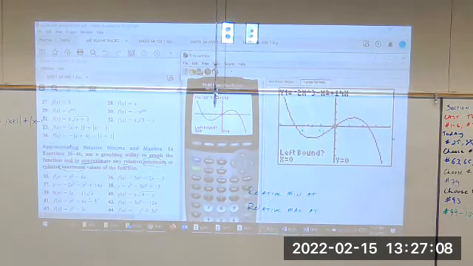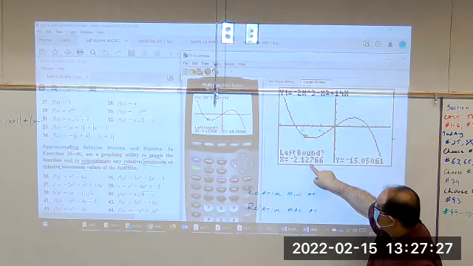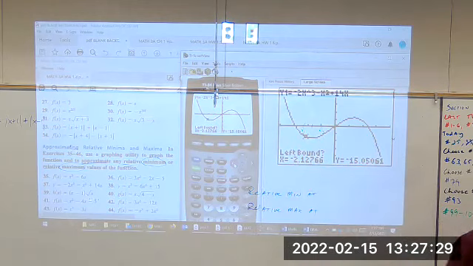So I'm just going to move the cursor with the little buttons right here until I get to the left-hand side. And now I can tell right here, I'm on the left, I'm less than -2. I'm to the left of -2. I hit enter. Now I need to go to the right. So now I move the cursor to the right.